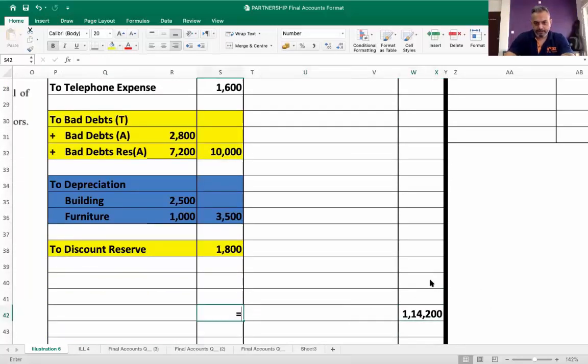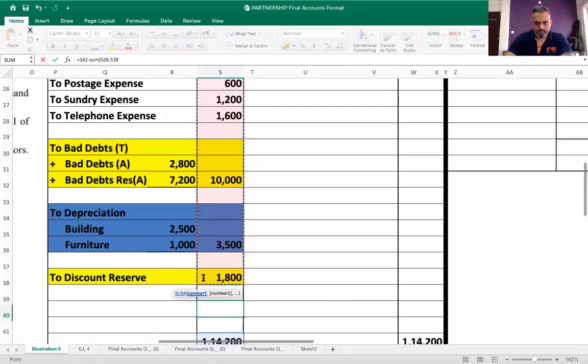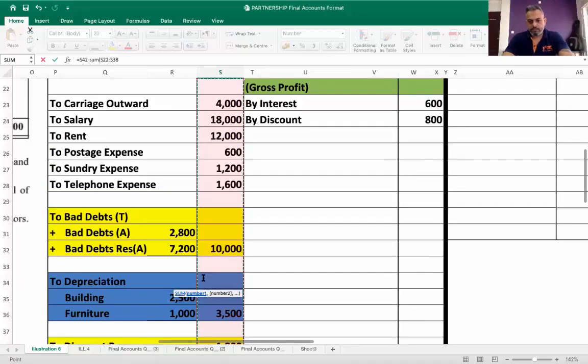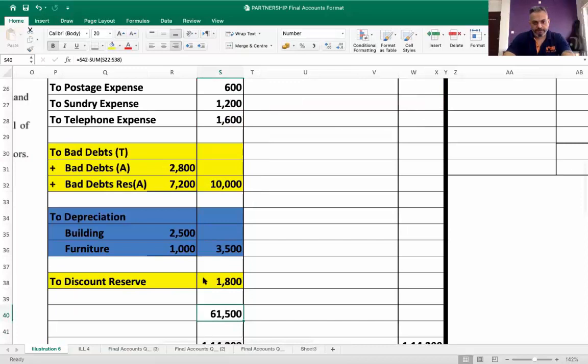Same on the debit side, and let's find the difference. $61,500 to profit and loss appropriation account, net profit.